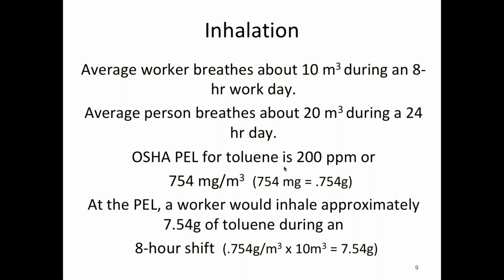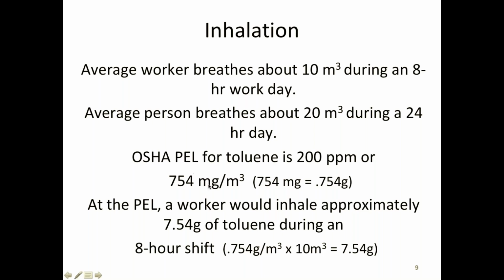I'm going to do some quick calculations. At the PEL, a worker would actually inhale approximately 7.54 grams of toluene. Why? Because we just said a typical worker breathes in 10 cubic meters of air.